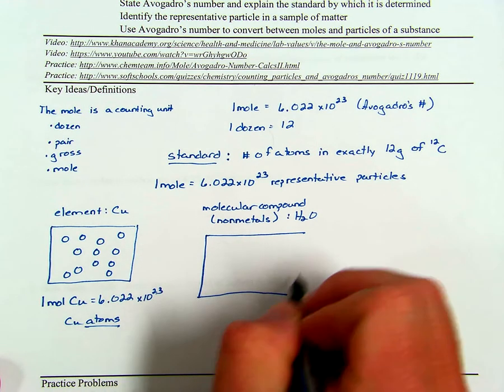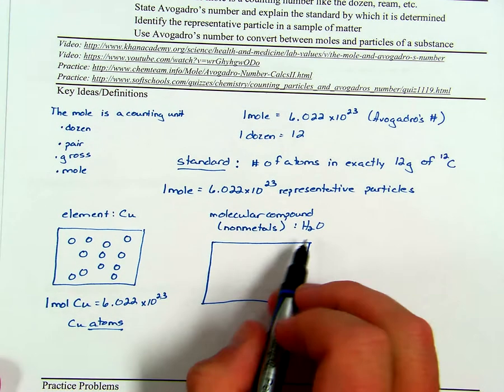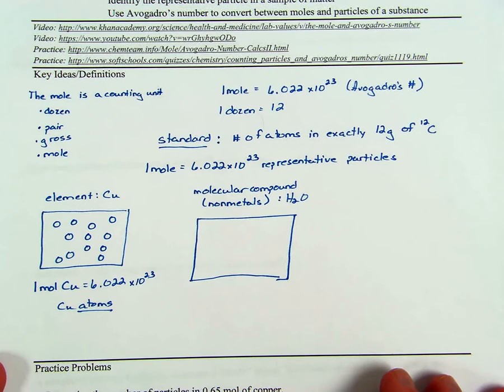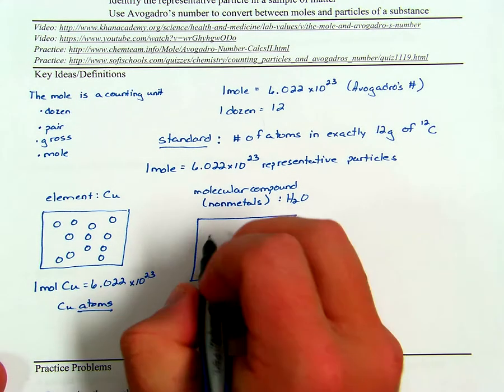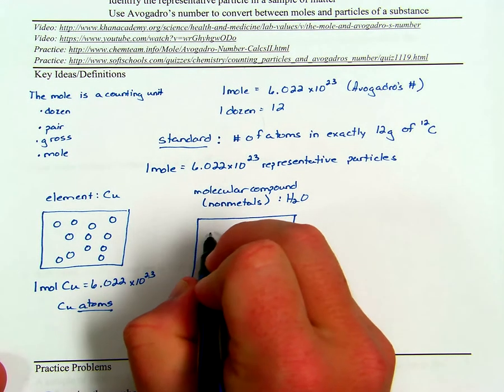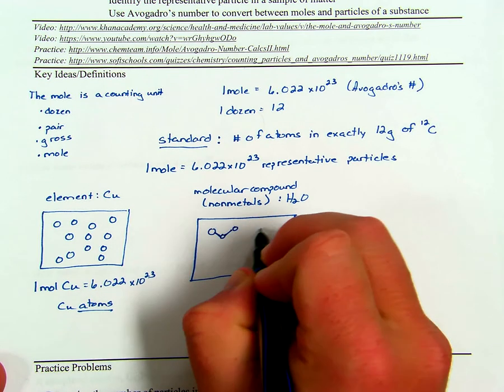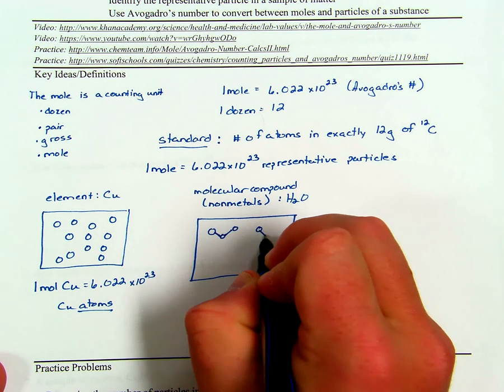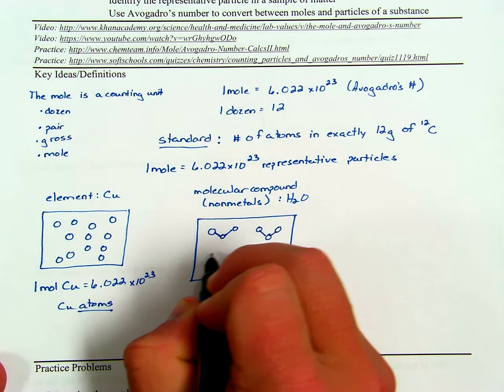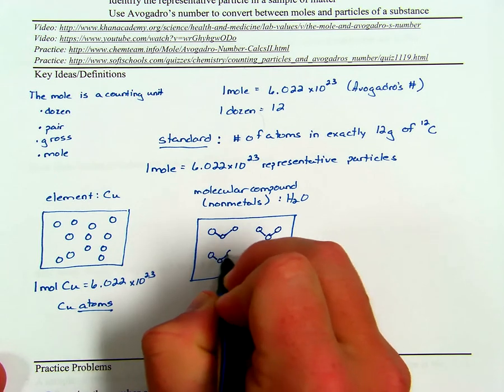We know from the formula that the formula for water is H2O. What that tells us then is that in 1 molecule of water, there would be 2 hydrogen atoms and 1 oxygen atom. So what I'm drawing here is just representing water molecules.